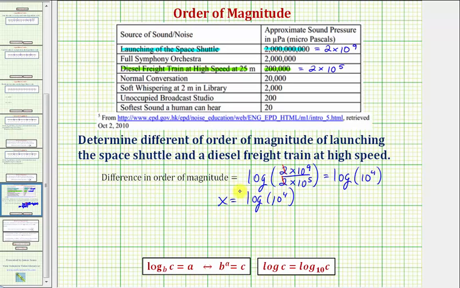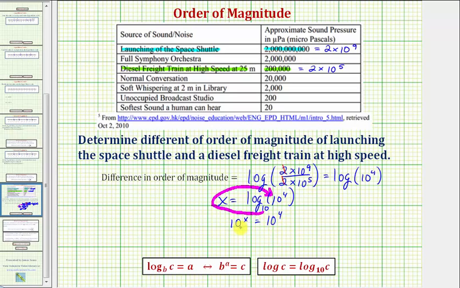but if we don't, we would write this log equation as an exponential equation. And because this is common log, we know this is log base 10, and so to write the equivalent exponential equation, notice how the base is 10, the exponent would be x, and this would be equal to the number 10 to the fourth. So the equivalent exponential equation, again, would be 10 to the x must equal 10 to the fourth.